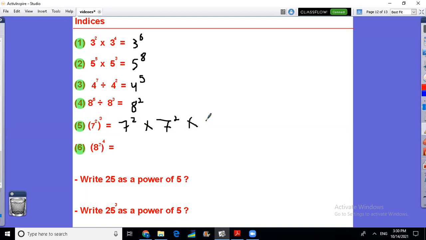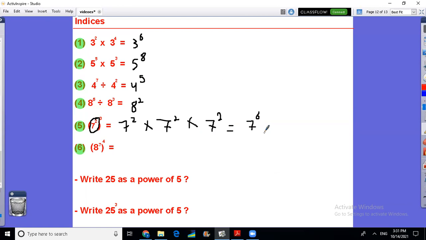Yes, because it says here, it is 7 squared cubed. 7 squared to the power of 3, which means this number is multiplied by itself three times. So the answer is going to be 7 is going to stay the same. 2 plus 2 plus 2, it's multiplication. I'm going to add up the powers. So 2 plus 2 plus 2 is going to be 6. So it's 7 to the power of 6.